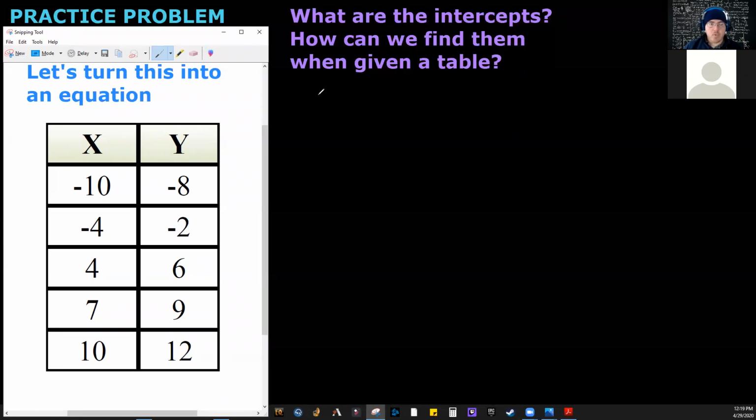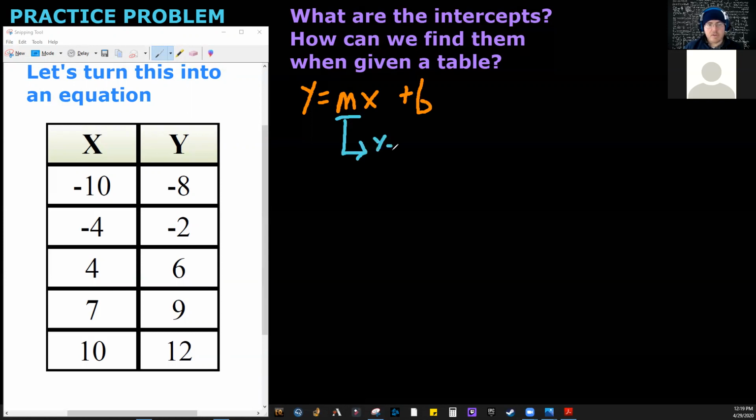We'll use slope intercept form, which is y equals mx plus b. And the first thing we're going to figure out is the slope. The calculation for slope is y2 minus y1 over x2 minus x1.